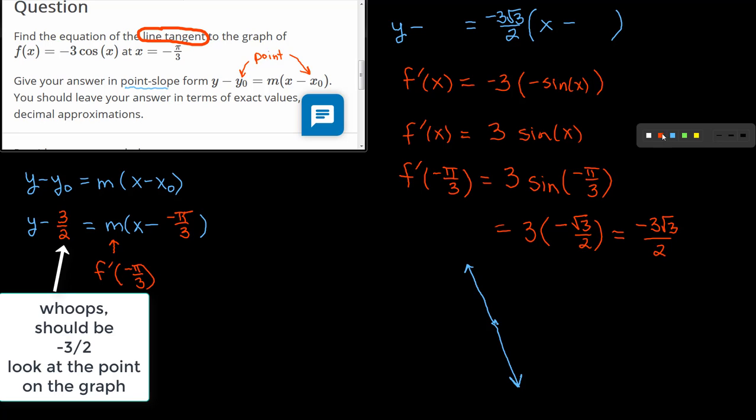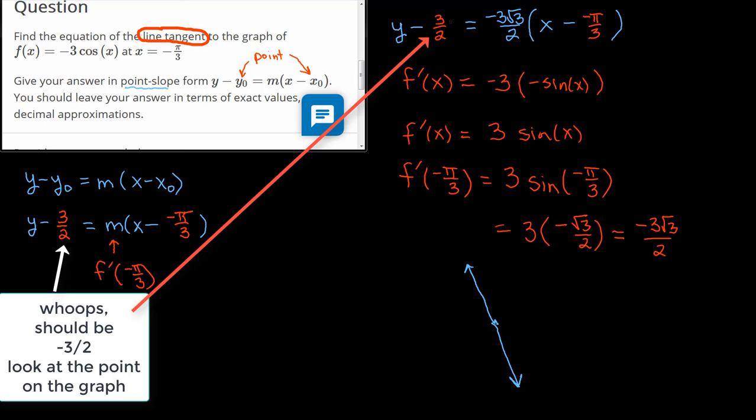And okay, now I'm going to change colors. And so this was a minus pi over 3, and this was a 3 over 2. Okay. And let me circle that. So that is my final answer.